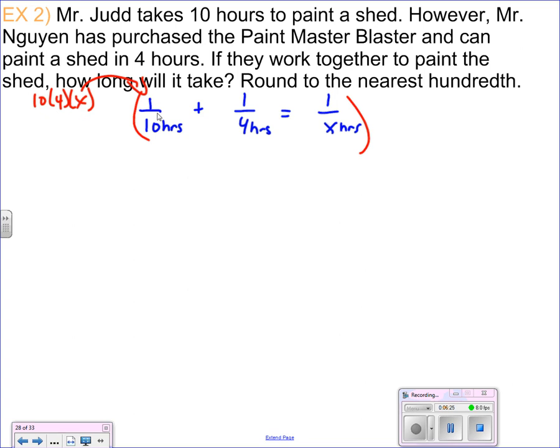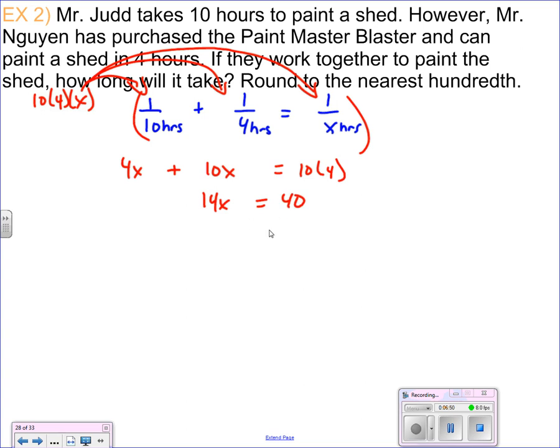When I distribute to the first term, the 10 cancels, leaving me with 4x plus. Distribute it to the next term, the 4's will cancel, leaving me with 10x. Bring down the equal sign. Distribute it to the last, the x's would cancel, leaving me with 10 times 4. So that's 4x plus 10x, which is 14x, equals 4 times 10, which is 40.